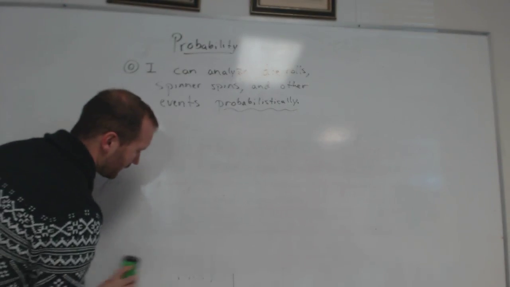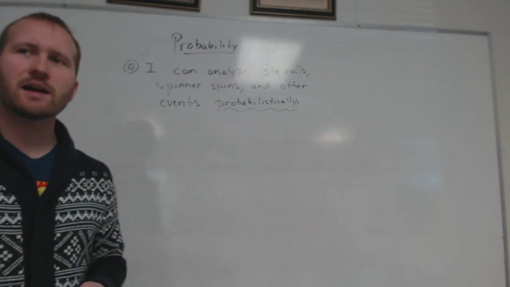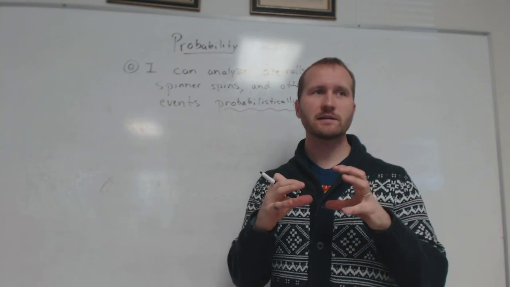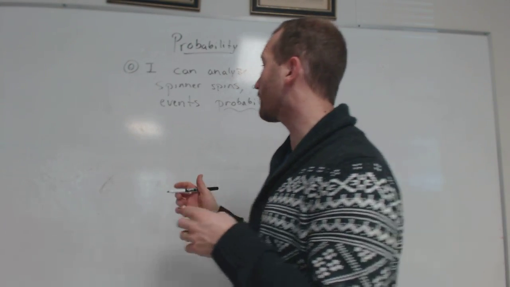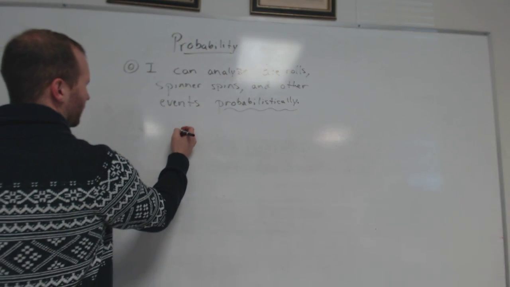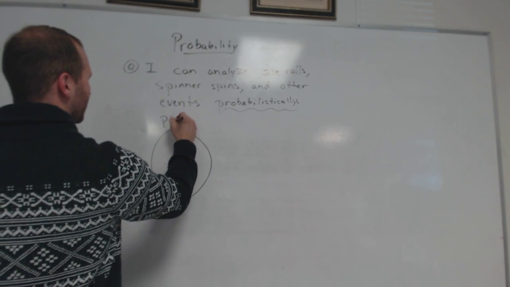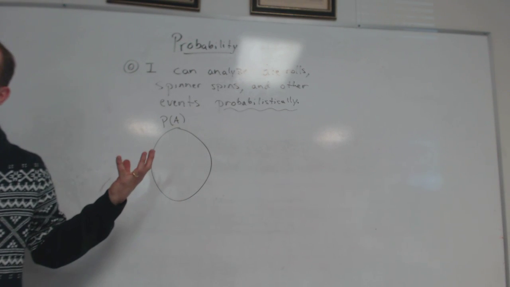So the one new thing I want to look at today is that we can talk about probabilities as areas. And this is actually a really useful tool in math. So we imagine that the probability of any event A is sort of a circle.